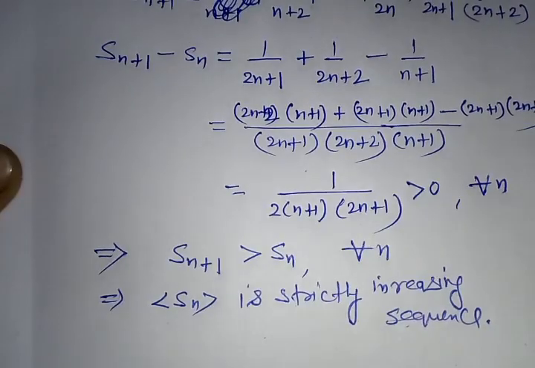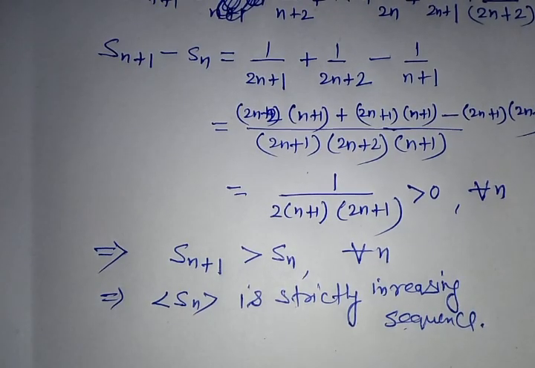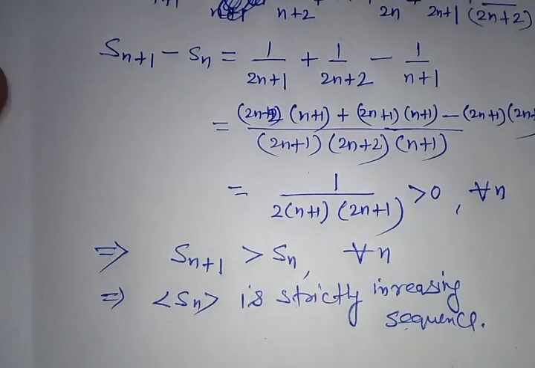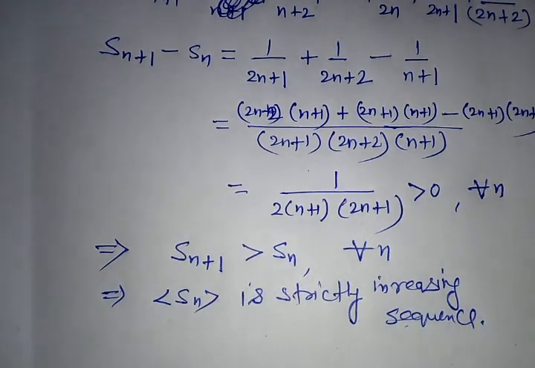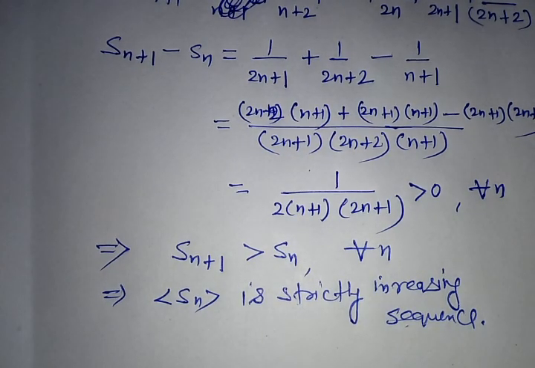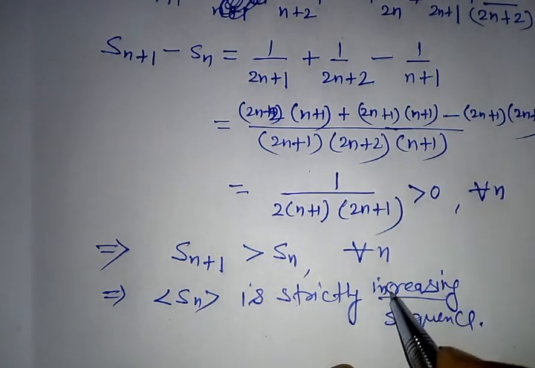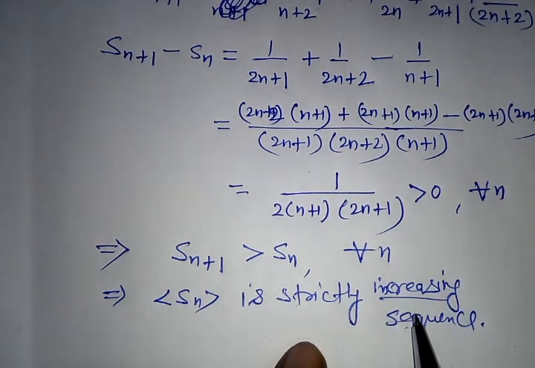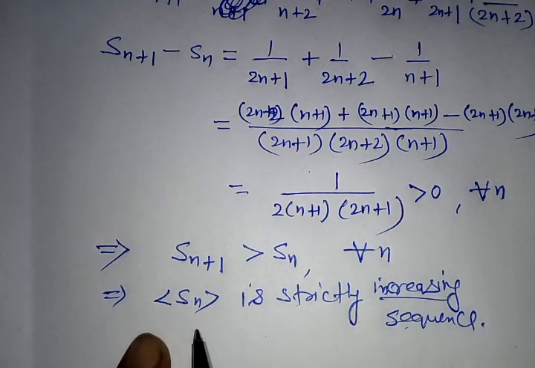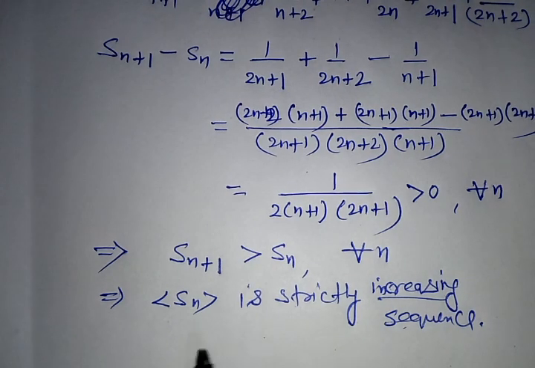Okay, so we have proved that the sequence is an increasing sequence. Now we will try to prove that because the sequence is increasing, if its upper bound exists, then we can say that the sequence will be convergent, because we have proved that the necessary and sufficient condition for a monotonic sequence to be convergent is that it is bounded.